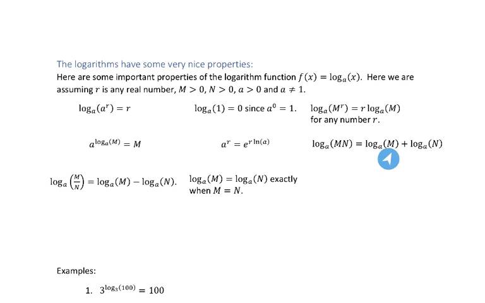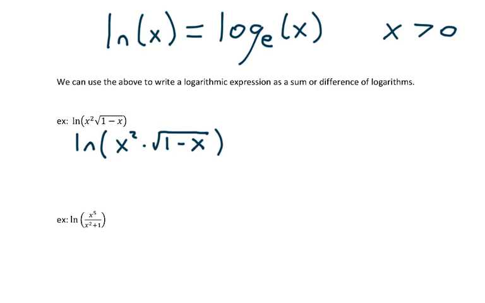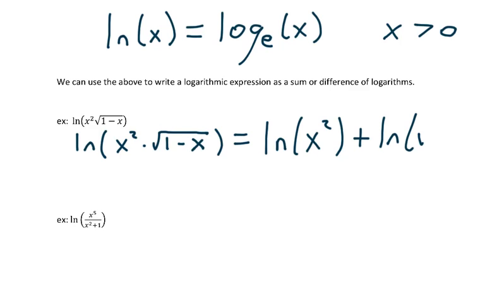That's log base a of m plus log base a of n. So using that, this becomes ln of x squared plus ln of the square root of 1 minus x. Now, are we done?